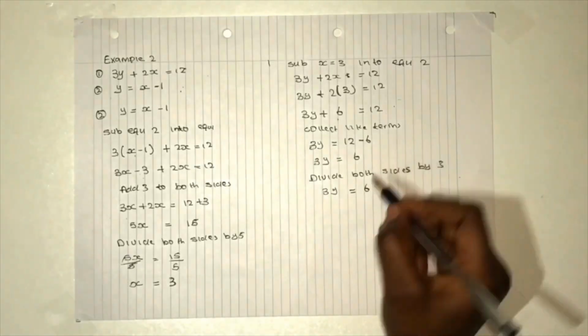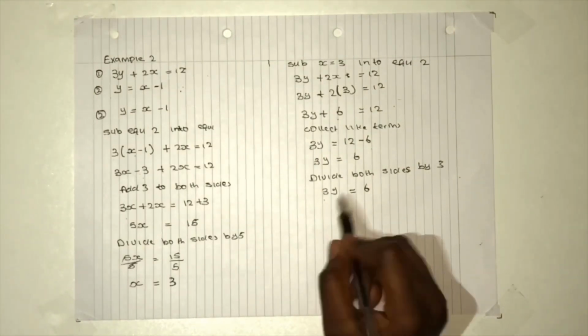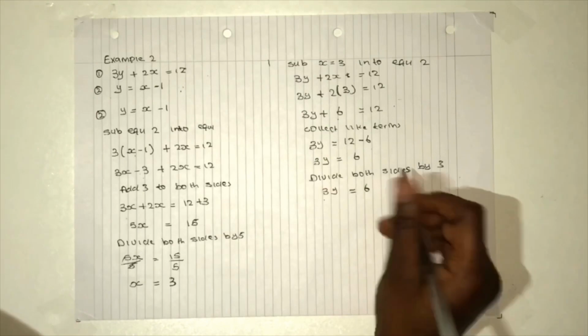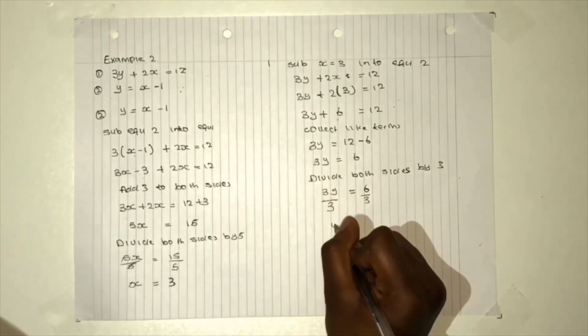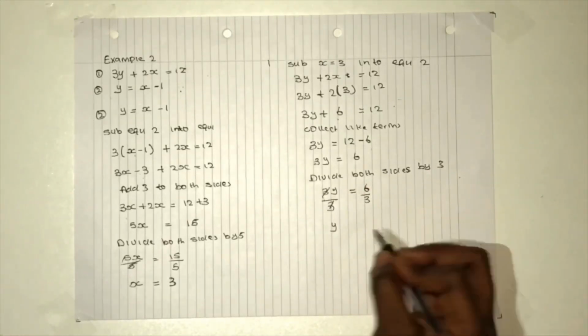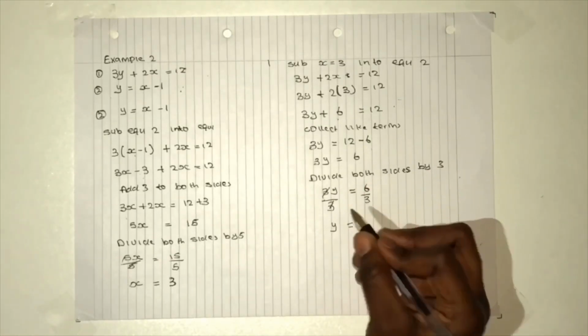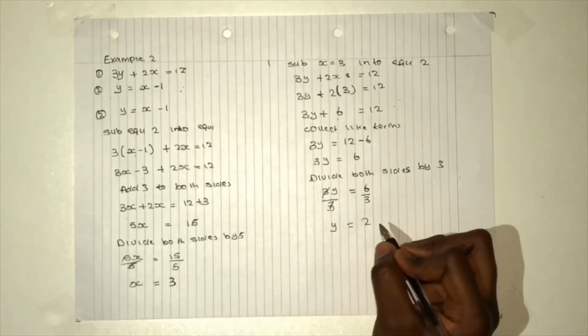This is the right side of the equal sign. This is the left side of the equal sign. So now I have to divide both sides by 3. Why? Because when we cancel out 3, you have 1. So y is still 1 anyway. So divide 6 by 3. You get 2. So y is equal to 2.